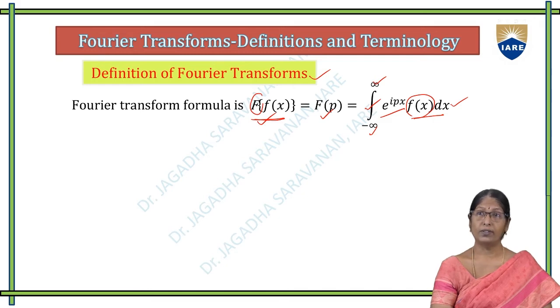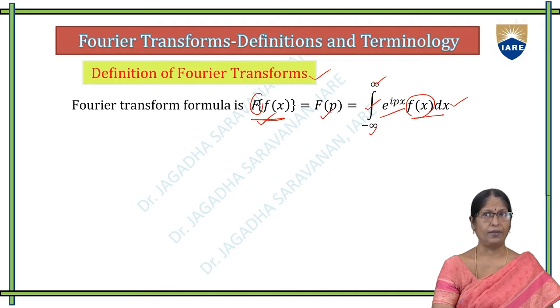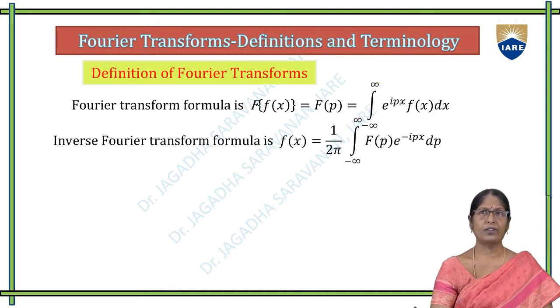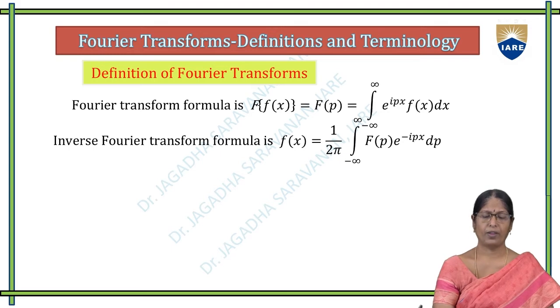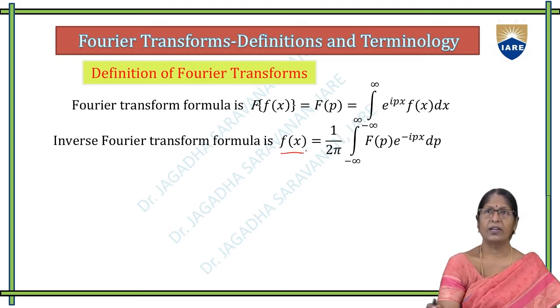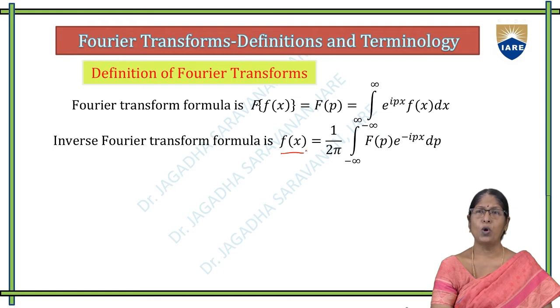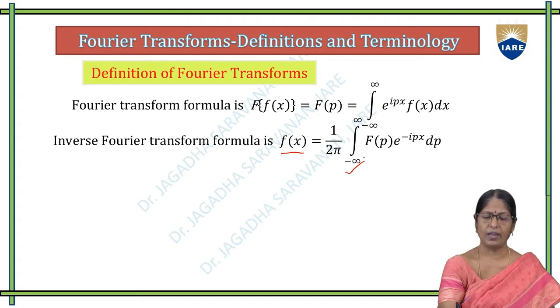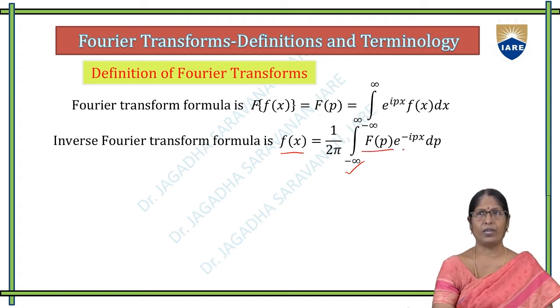This is the way the formula is defined. Now, the inverse Fourier transform formula. That is nothing but f of x equal to 1 by 2 pi integral minus infinity to infinity capital F of p e power minus ipx dp.